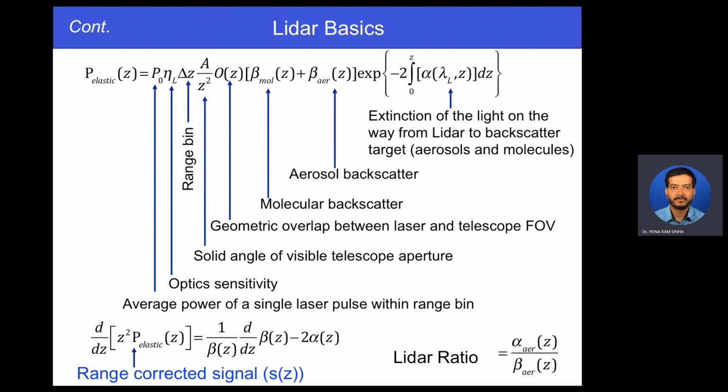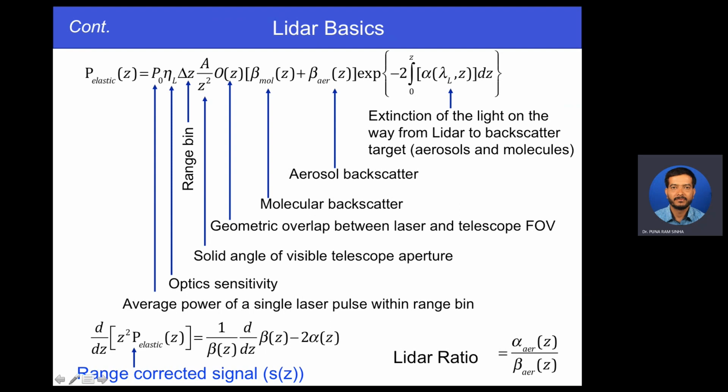Then the backscatter coefficient, which is contributed by molecules and aerosols. As I mentioned, in the atmosphere both are there, and our lidar transmitted signal and received signal will be influenced by both the species, the air molecules as well as the atmospheric aerosol particles.